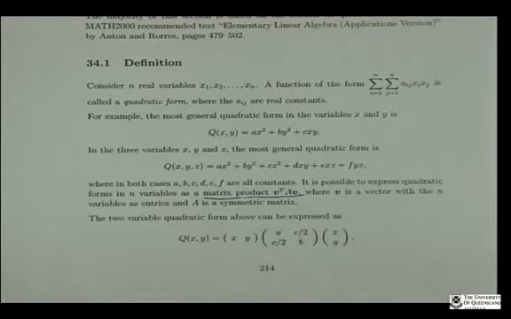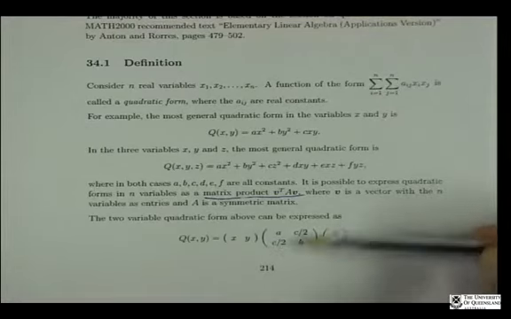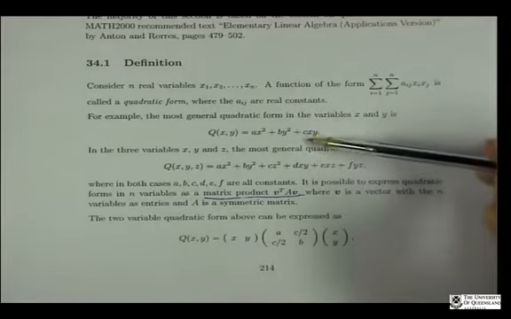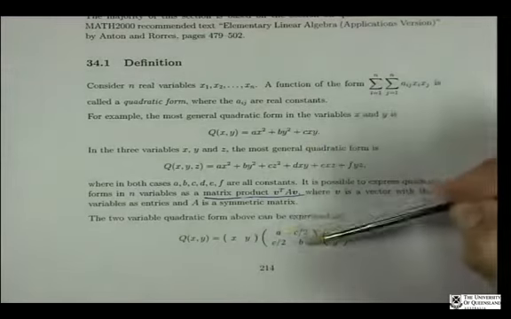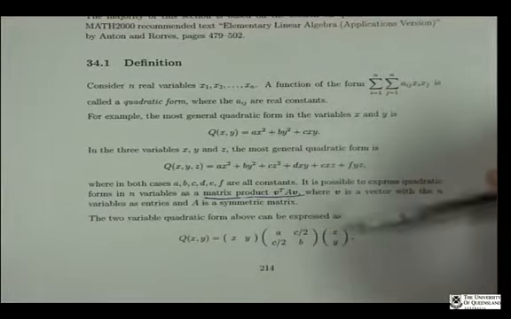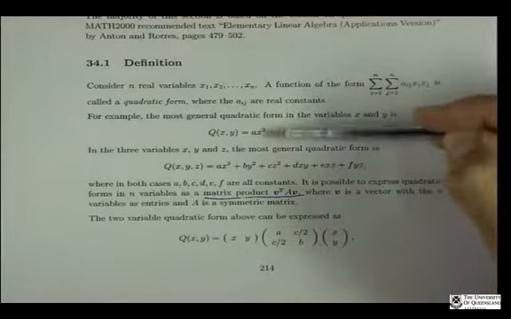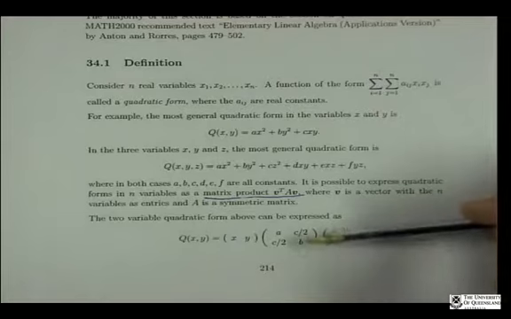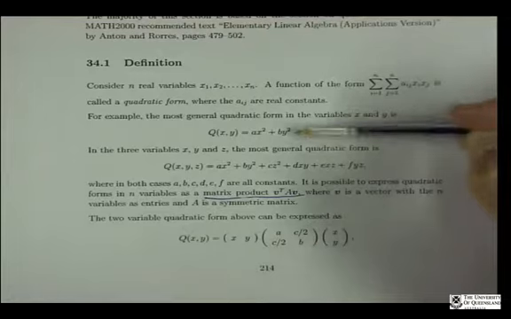We could actually choose any numbers in these off-diagonal entries of the 2 by 2 matrix, as long as they add to give the coefficient C. The first entry on the diagonal will always be the coefficient corresponding to the first variable squared in this vector V. So the a here is the coefficient of x squared, and x is the first variable I've placed in this vector. The other entry on the diagonal is b, the coefficient of y squared.